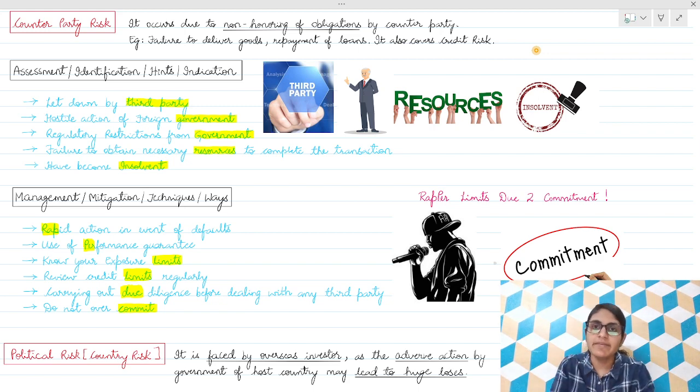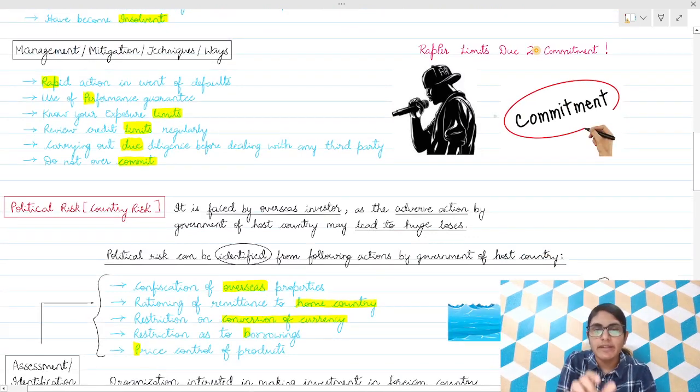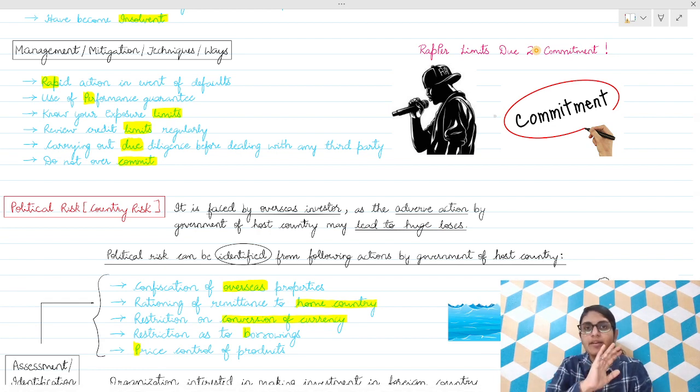Insolvent: have become insolvent. Management or mitigation techniques for counterparty risk: that is WRAP LIMITS DUE to commitment. Wrap is rapid action in event of defaults. Per is performance: use of performance guarantee.